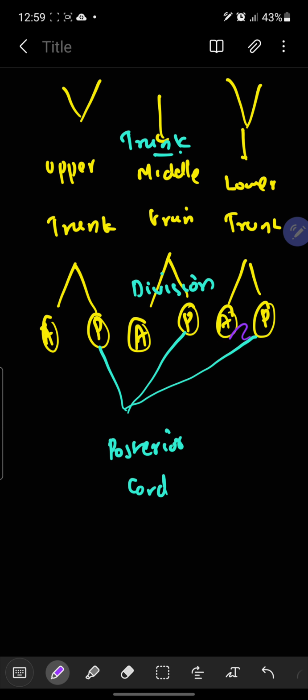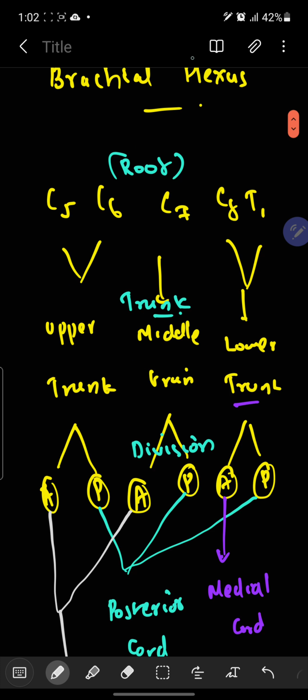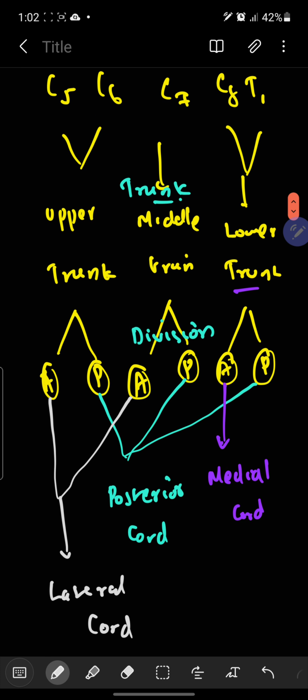The anterior part of the lower trunk forms the medial chord. The anterior divisions of the upper and middle trunk together form the lateral chord. So this is a basic schematic representation of the brachial plexus.